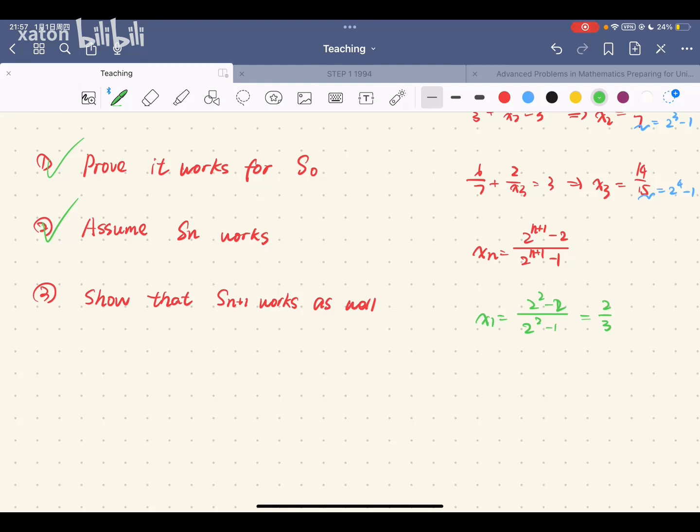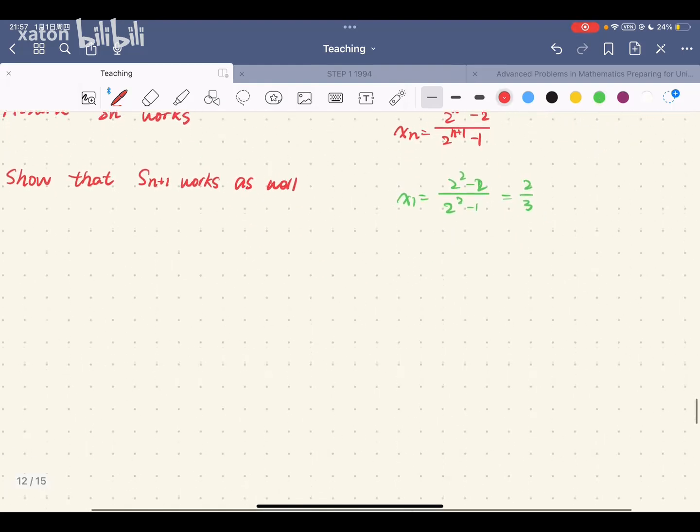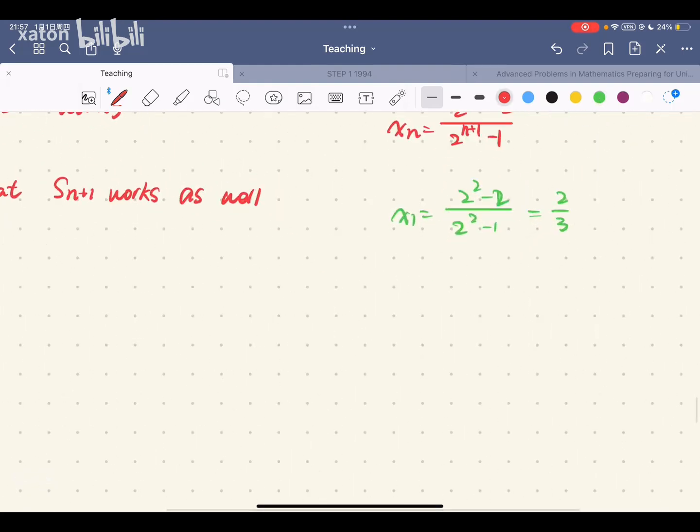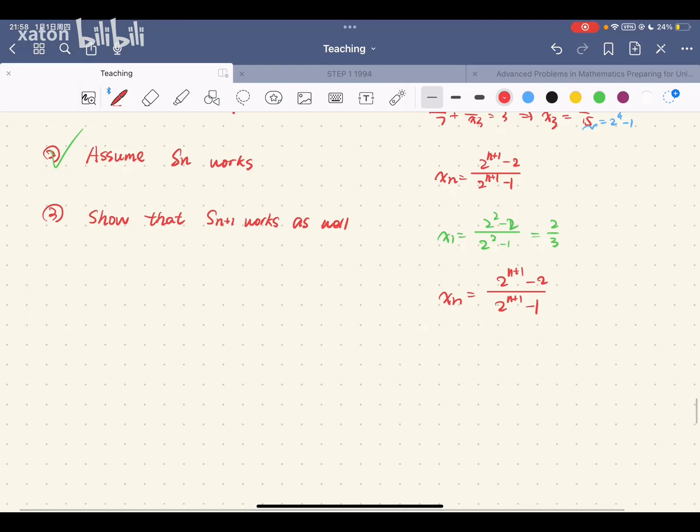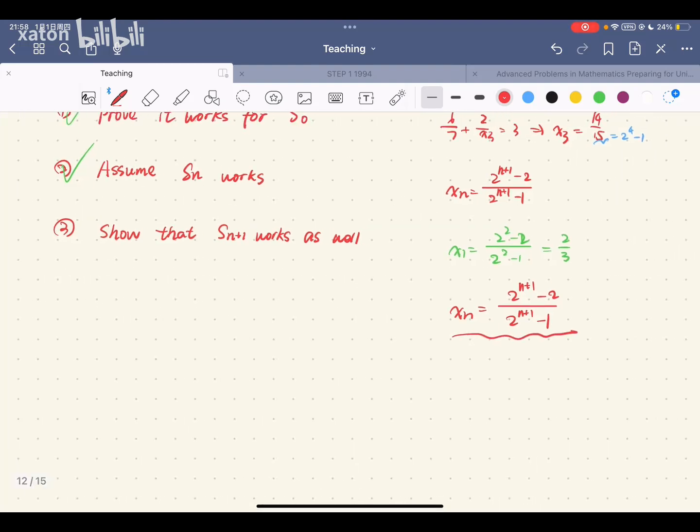So assume Sn works gives us xn equals 2 to the power of n+1 minus 2 over 2 to the power of n+1 minus 1. We just assume this is correct. And the third step is we want to show that xn+1 also works with the pattern we assume.